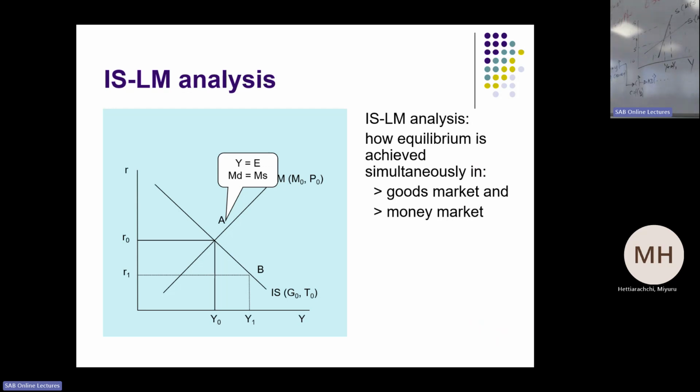What is the situation at point B? Anyone can say about point B. Point A is the equilibrium point, right? That is the macroeconomic equilibrium. So what is the situation at point B? You tell me. What is the situation at point B?